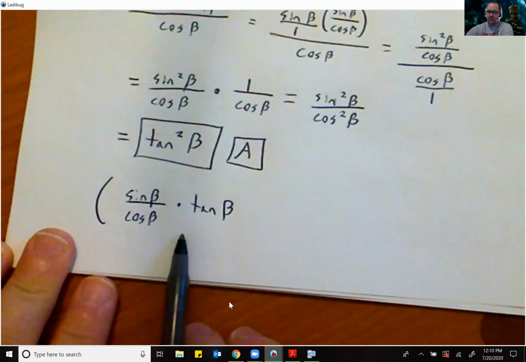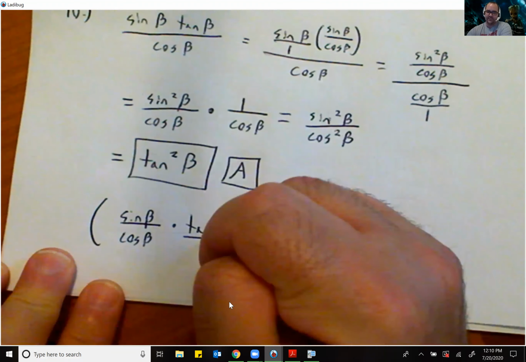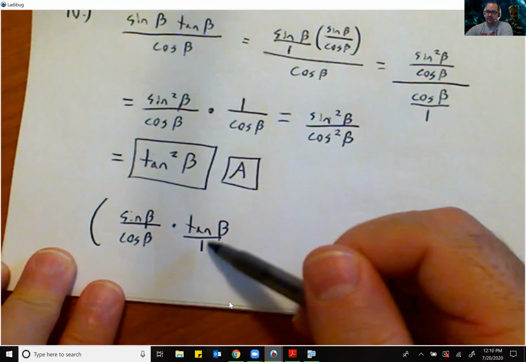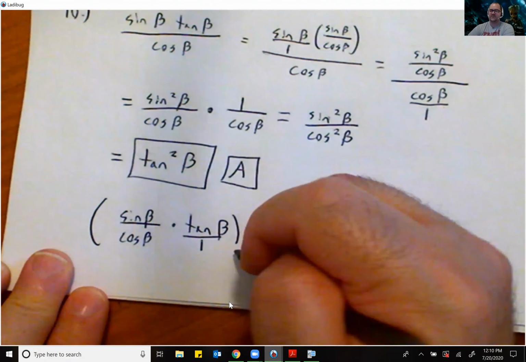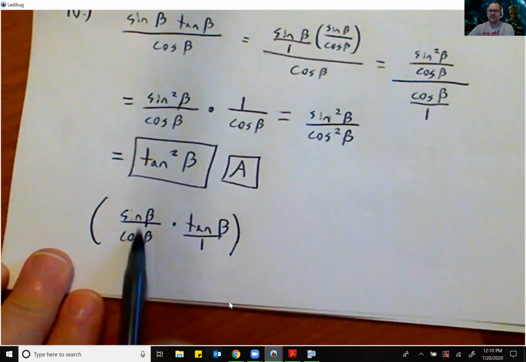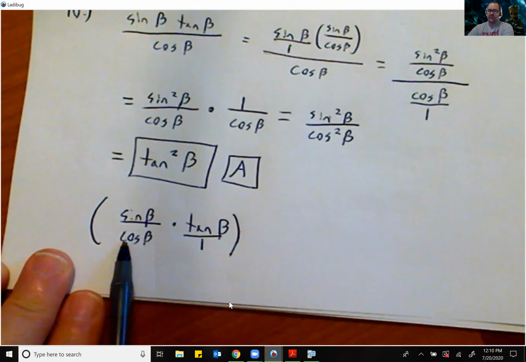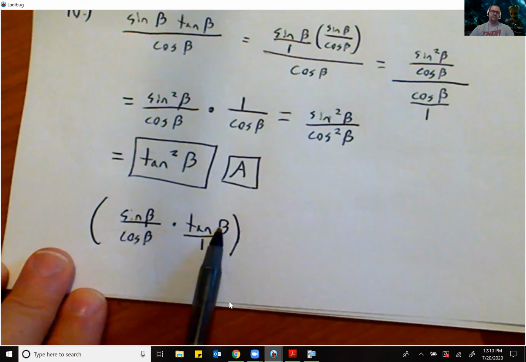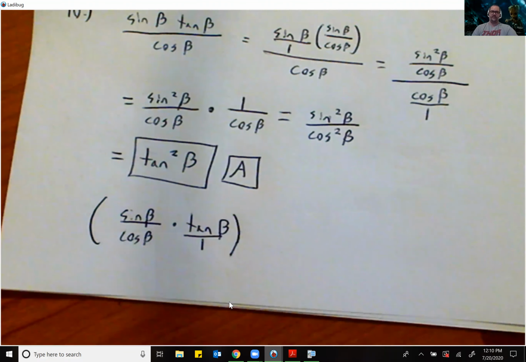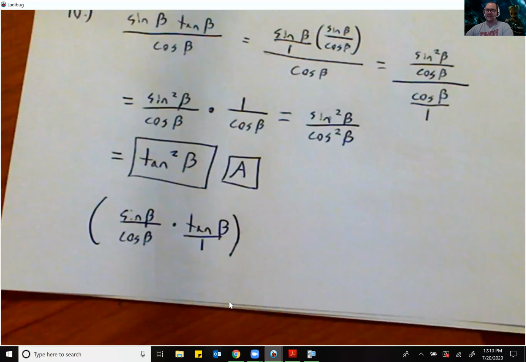Okay, and this could have been over 1 as well if you wanted it to, but it doesn't really matter. Okay, but wait a minute. We know what sine beta over cosine beta is. Sine beta over cosine beta is tangent. So really all you have here is tangent beta times tangent beta, which gives you tangent beta squared. Okay, so that's another way. Let me actually put in that next piece.